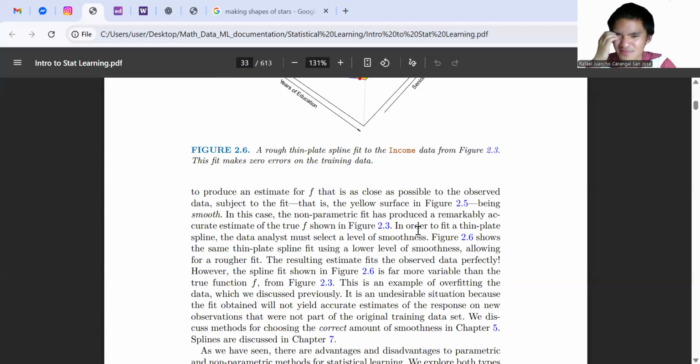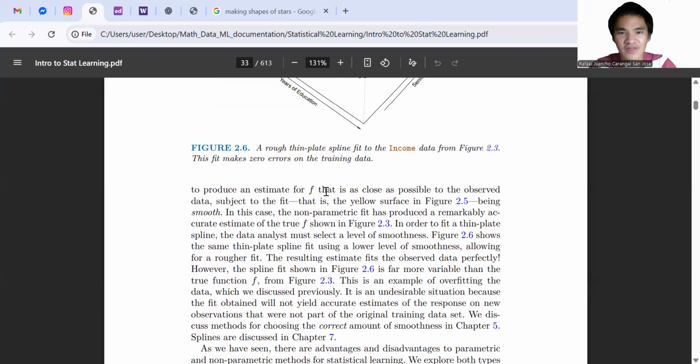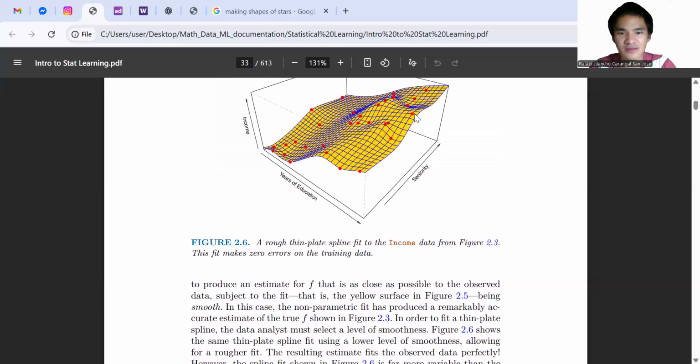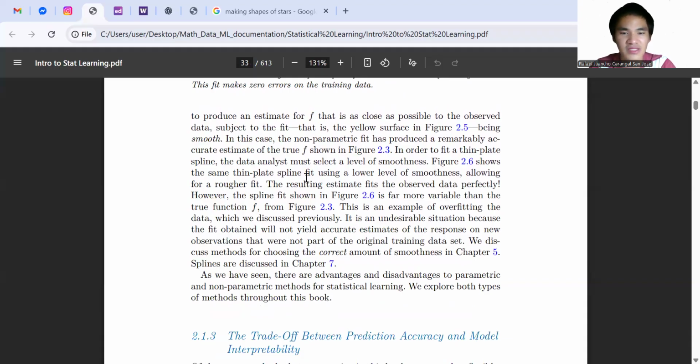In order to fit a thin plate spline, the data analyst must select a level of smoothness. Here we have a similar figure. This is a rough thin plate spline fit, but it uses a lower level of smoothness, allowing for a rougher fit. The resulting estimate fits the observed data perfectly.